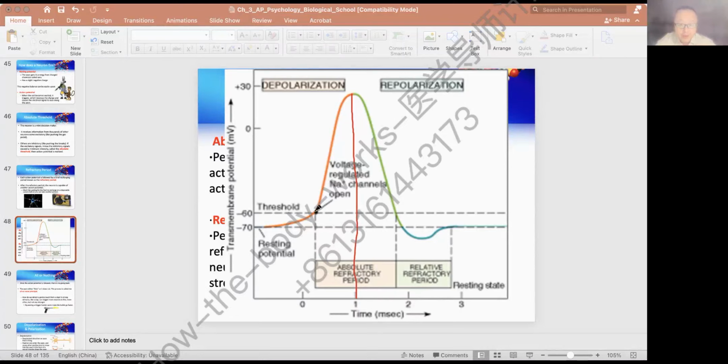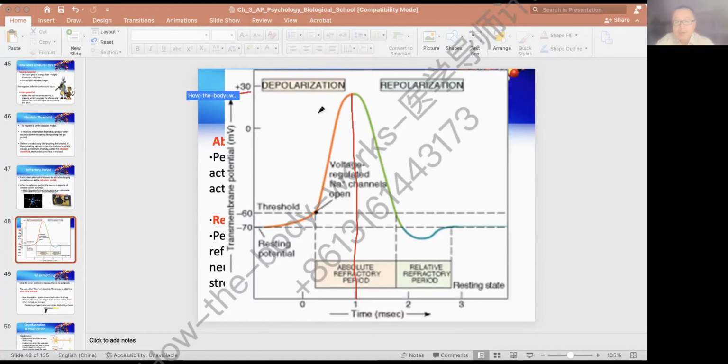So the process from minus 60 MV, which is the threshold or the minimal transmembrane potential voltage, rises quickly to positive 30 MV.